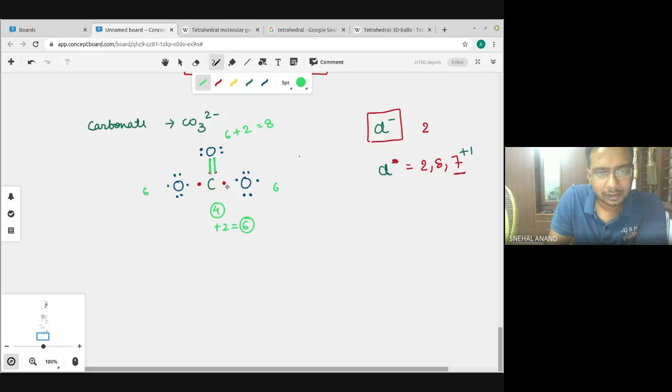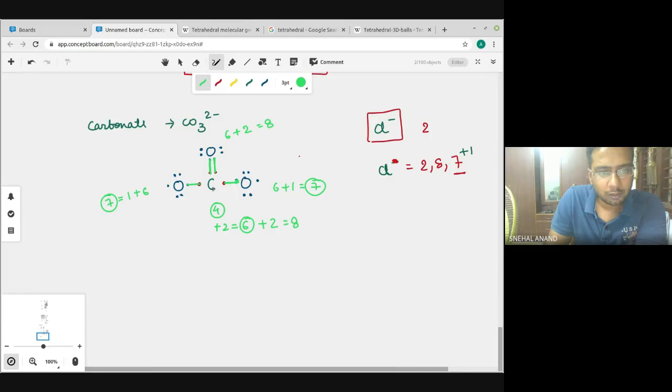Now what happens further? This carbon shares 1 electron with this oxygen and shares 1 with this oxygen. This way this carbon gets 2 more, that makes it 8. And this oxygen becomes 7. Is that fine?